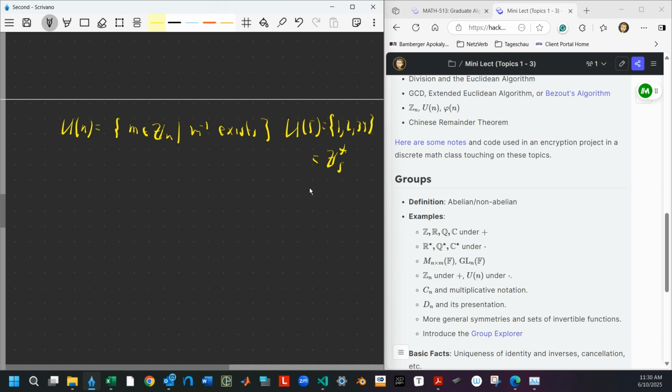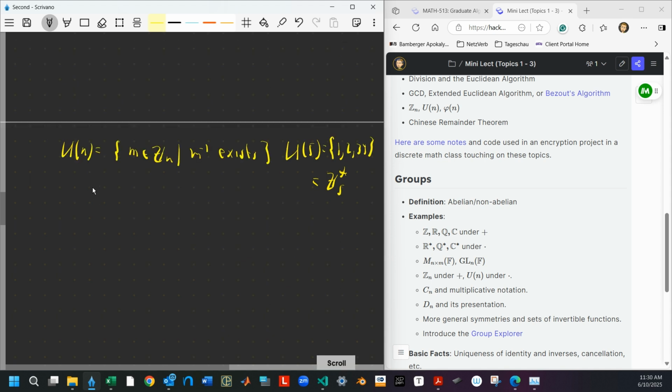But in general, when do we have an inverse? So again, this was a homework exercise. What does it mean to be an inverse in here? To have an inverse means you have some x such that xm is equivalent mod n to 1, right?